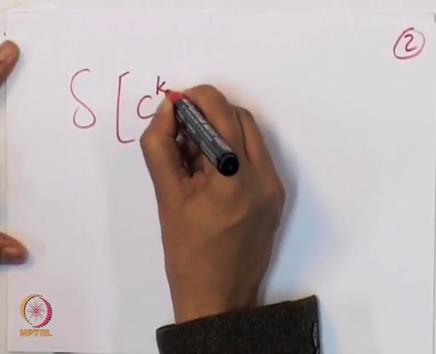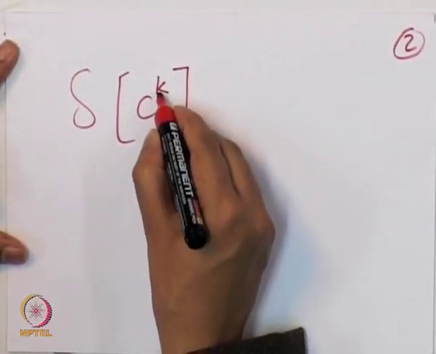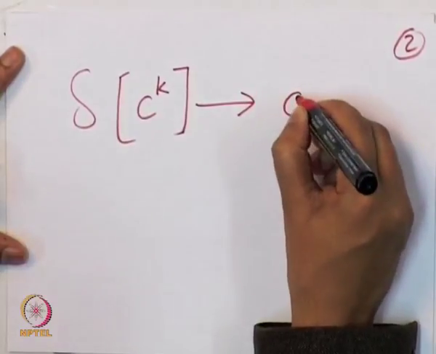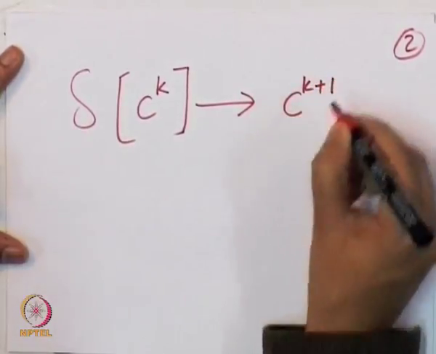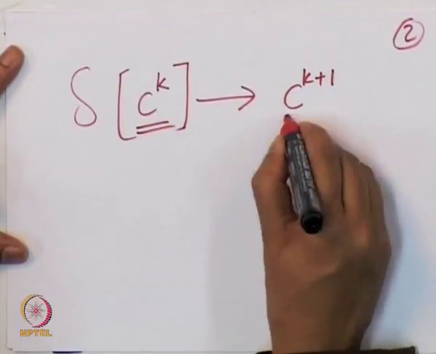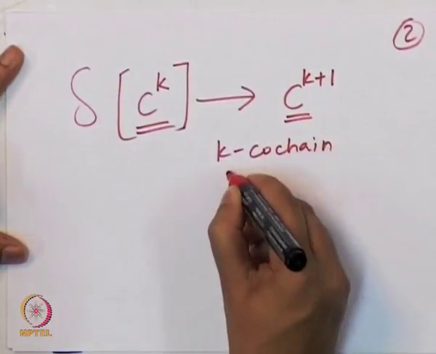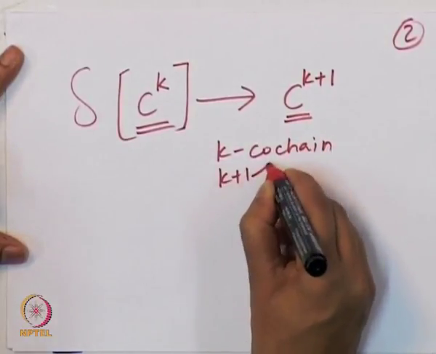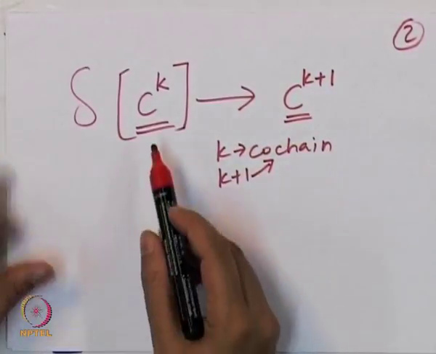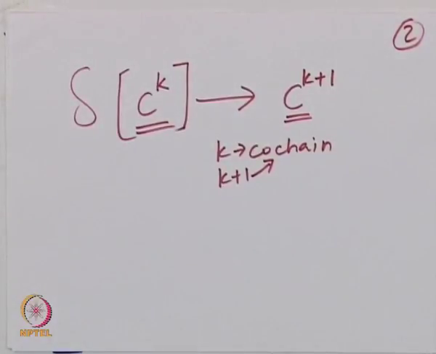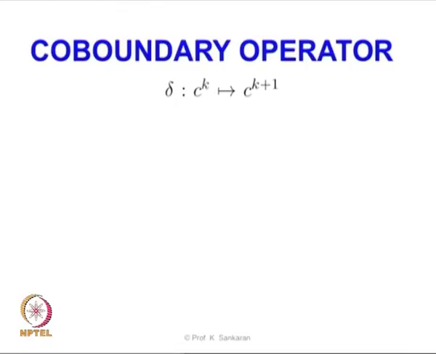I said it operates on a k cochain, where the cochain value is written as a superscript, and it gives the value that is in k plus 1. Remember, these are a k cochain and a k plus 1 cochain. So it takes a value from Ck to Ck plus 1, and that is what we have here in this slide. The co-boundary operator takes a k cochain to k plus 1.